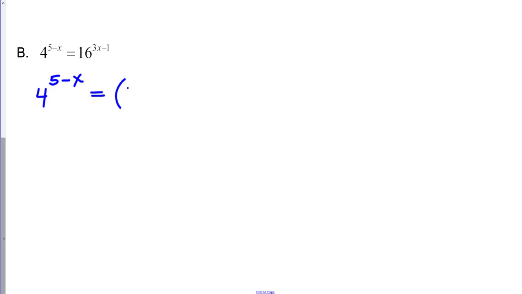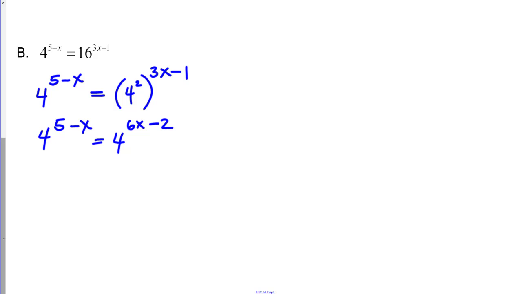Change 16 into 4 squared. And now apply some rules of exponents. So 4 raised to the second power, and then raised to the 3x minus 1. We can multiply 2 times 3x minus 1 and reduce that into 4 to the 6x minus 2.